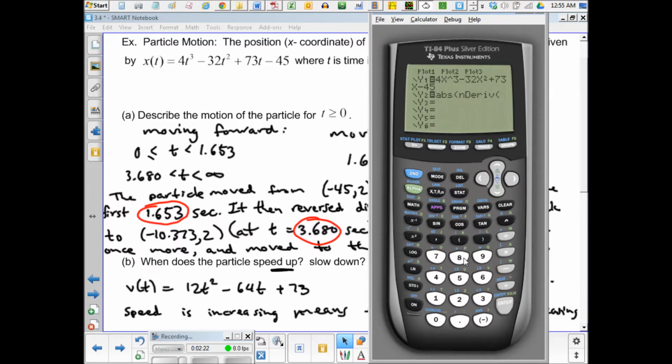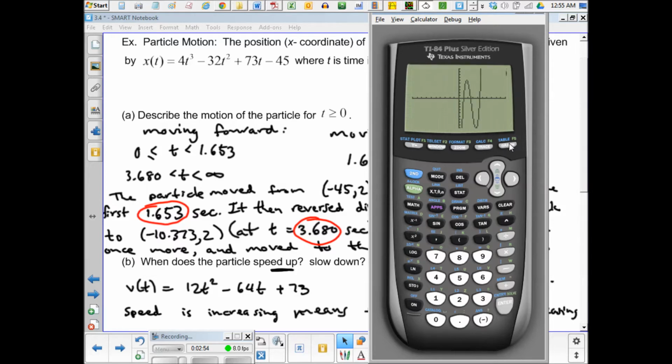So there's enter. I need to put y1 here, so that's y-vars function. So it's absolute value of numerical derivative of y1, comma, the variable x, so we're differentiating with respect to x, and we're going to find the numerical derivatives at all values of x. Then graph.